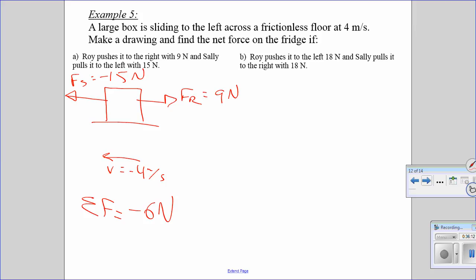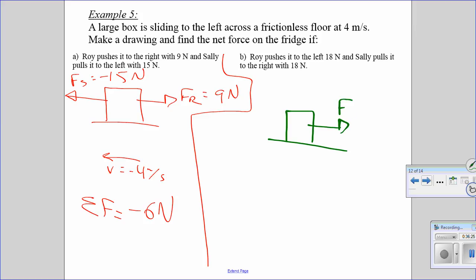All right. Now, tomorrow we're going to learn Newton's first law. Here's your entryway. Roy pushes to the left. Force of Roy equals 18 newtons. Sally, oh, that's wrong. Sally pulls it to the right.